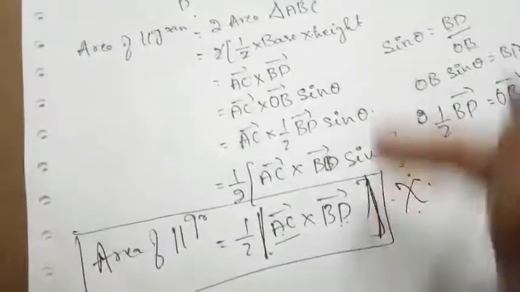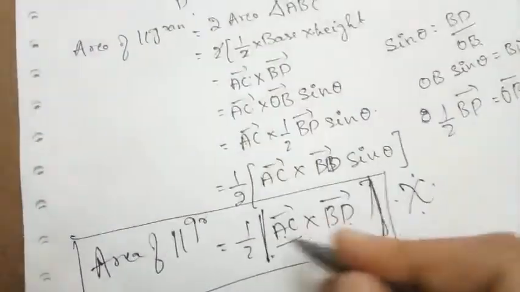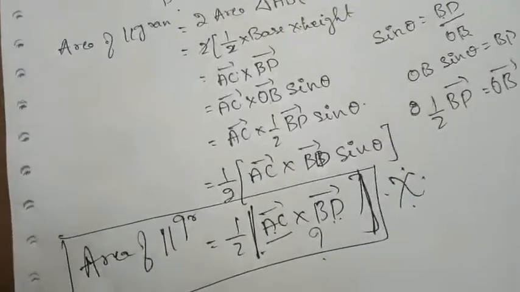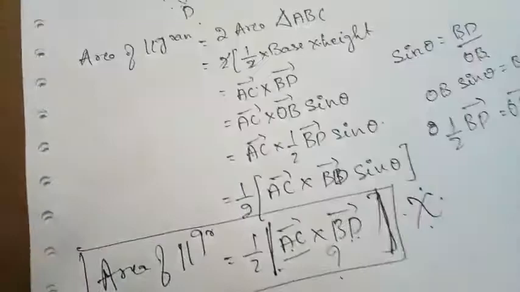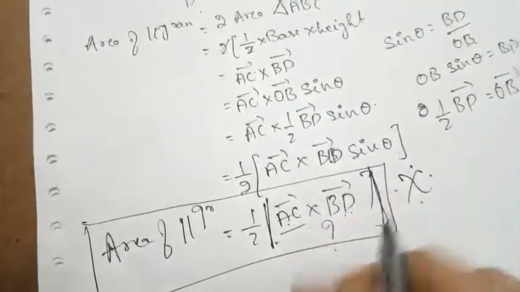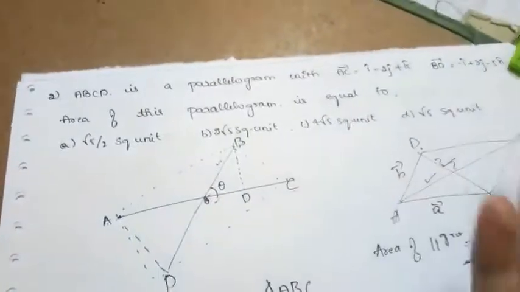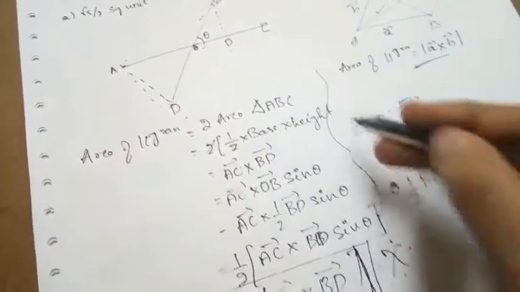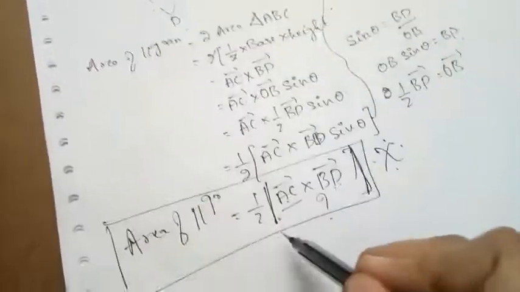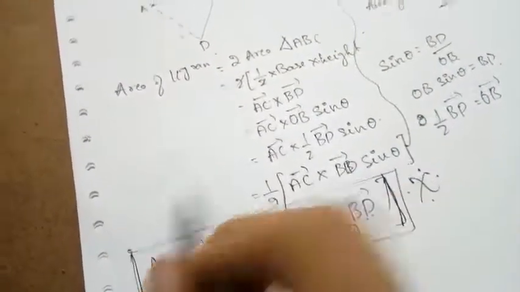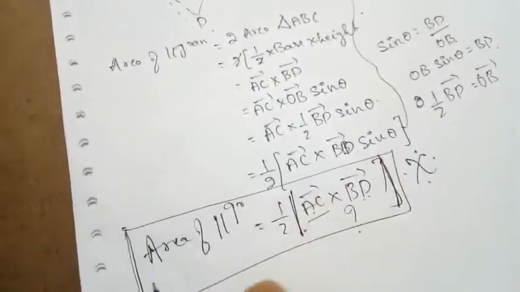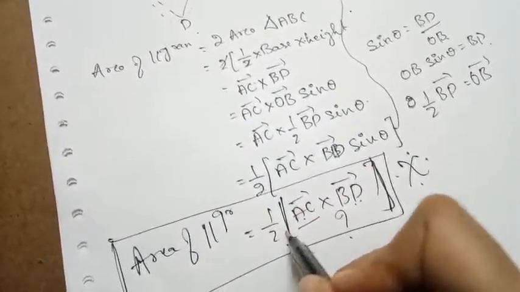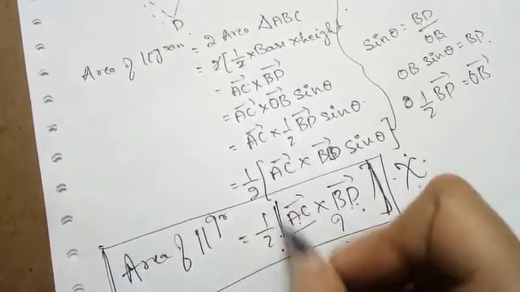That's why I did this procedure, so you know how the formula is arrived at. Now solving this question is very easy if you know these things. Remembering this formula is very important. So what is the area of a parallelogram when two diagonals are given? Half into the cross product of the two diagonals. So what is the diagonal?